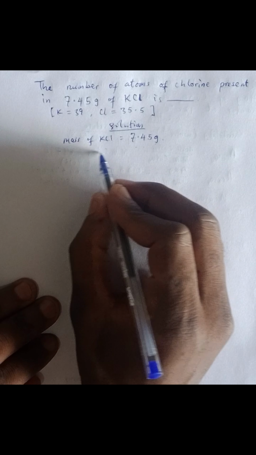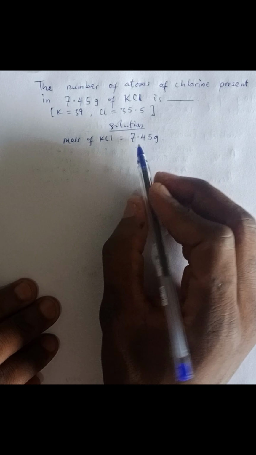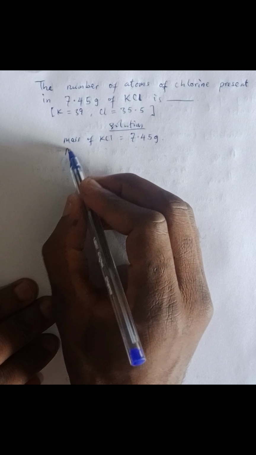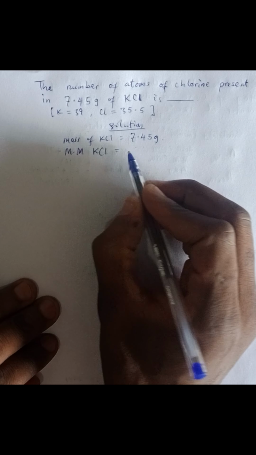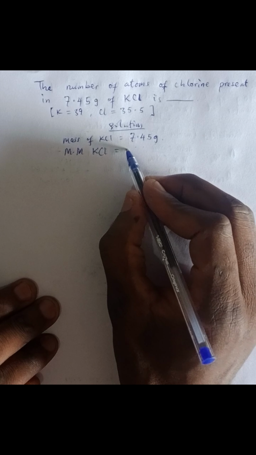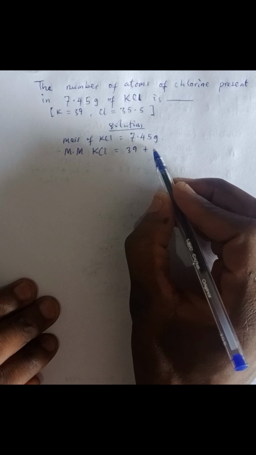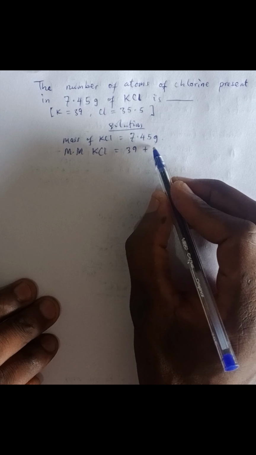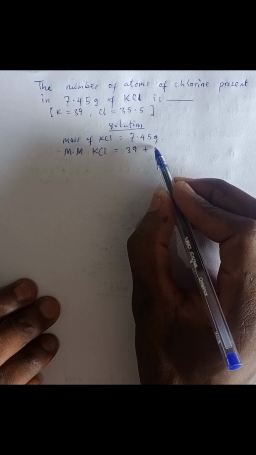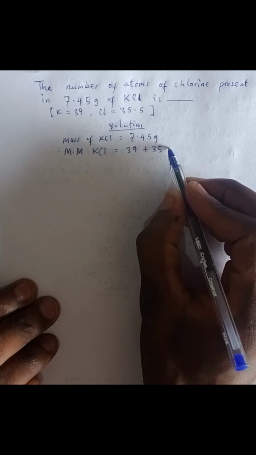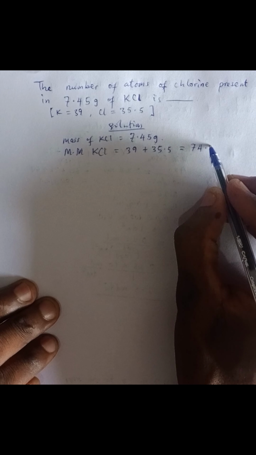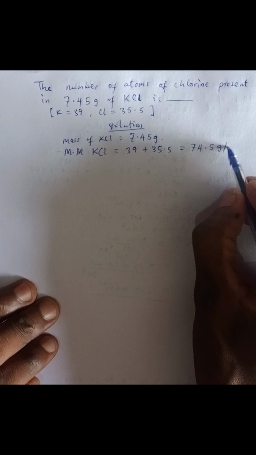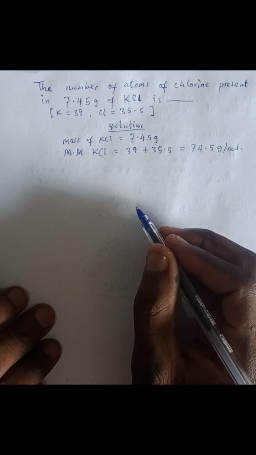All right, but before we can utilize this, we will first need the molar mass of KCl. So our K is 39 plus our Cl, chlorine atom, has an atomic mass of 35.5. Overall, that will be 74.5 grams per mole of KCl.